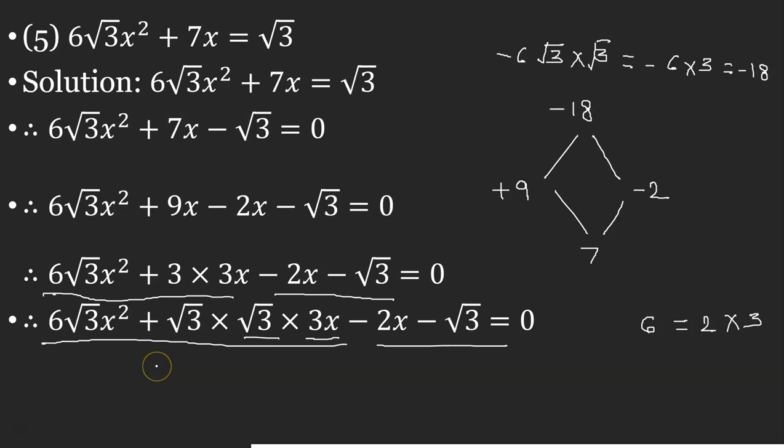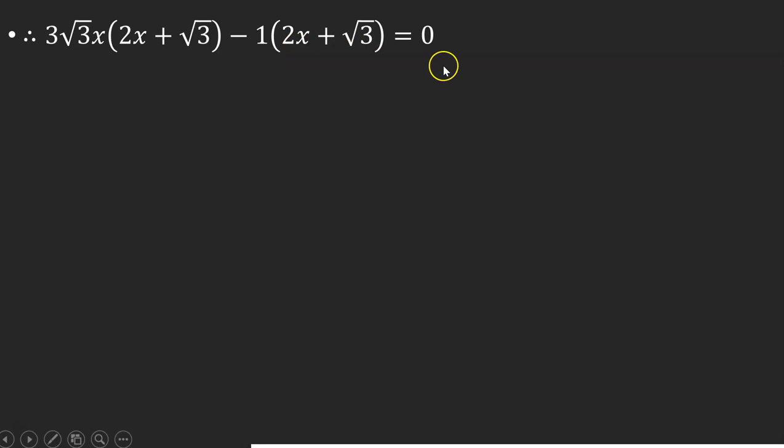Now see this here, the next step: 3 root 3 x in bracket 2x plus root 3, minus 1 in bracket 2x plus root 3, and that's equal to 0.